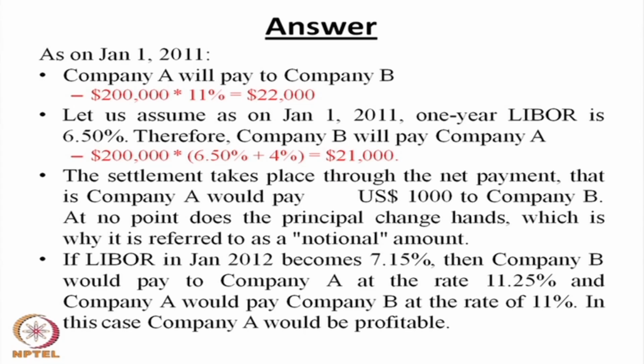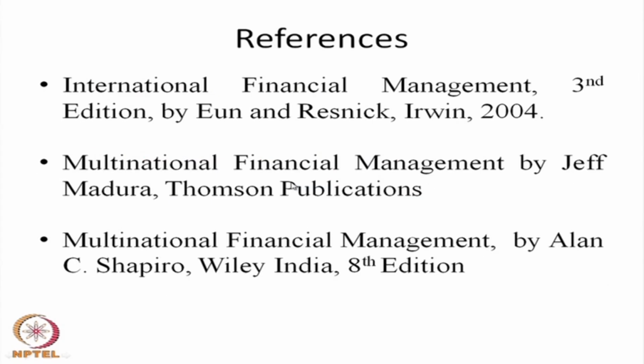So like that, the transaction may take place between these two, and whether the transaction is profitable or a loss to a particular company depends upon the variability of LIBOR, 1 year LIBOR. Now, we have discussed the interest rate swap.